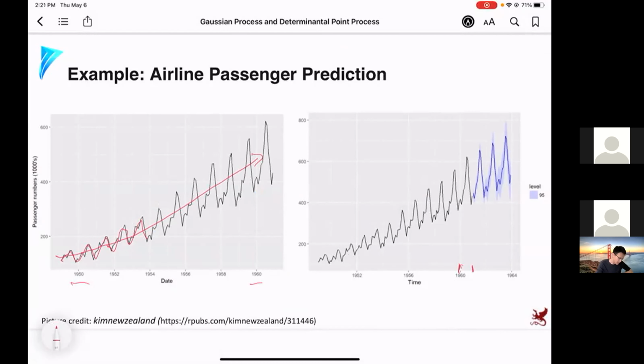When we fit this, this is what we get for our prediction. We can also get this periodicity. The shaded area shows our confidence, a 95% confidence level, showing how confident we are about our prediction. This is a very reasonable prediction.